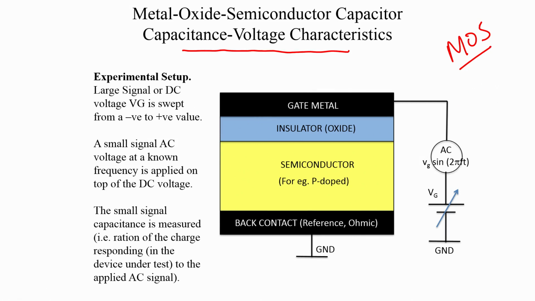We have our gate voltage, but the gate voltage is now variable. We can vary it from a very negative voltage to a positive voltage. On top of this gate voltage, we apply a small signal AC, which is our capacitance measurement signal, along with the large signal gate voltage.